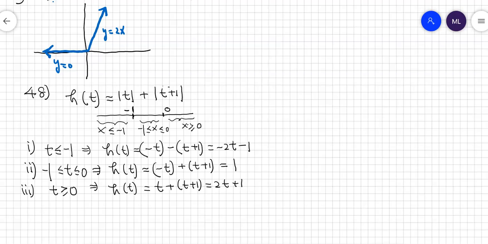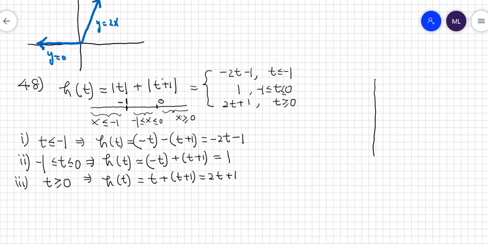So this is piecewise. In other words, this is equal to negative 2t minus 1 when t is less than or equal to negative 1. It is equal to 1 when t is between negative 1 and 0. And then this is 2t plus 1 when t is greater than or equal to 0.